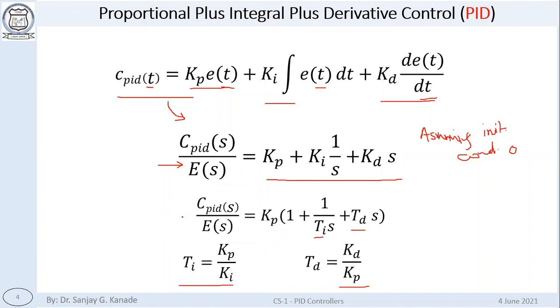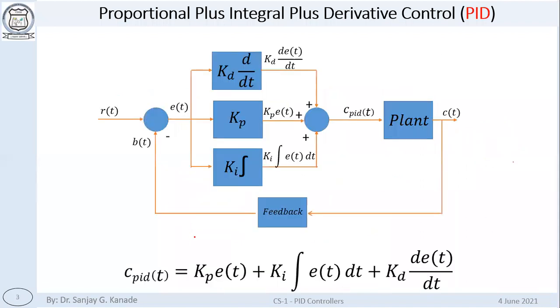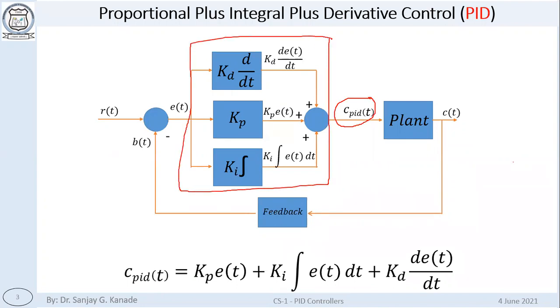So TI is equal to KP upon KI, TD is equal to KD upon KP, and the equation for CPID upon ES. By the way, what is this CPID upon ES? This is nothing but the transfer function of the PID controller, right? CPID is the output, E of t is the input.